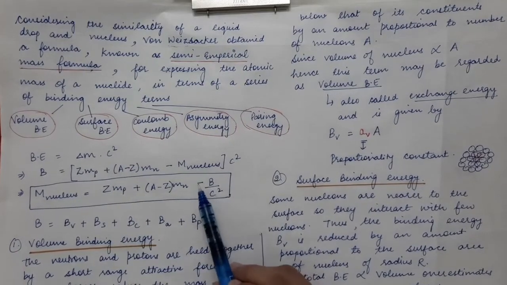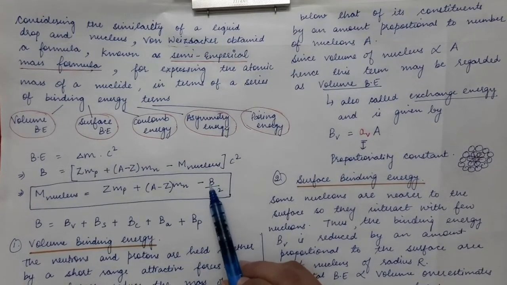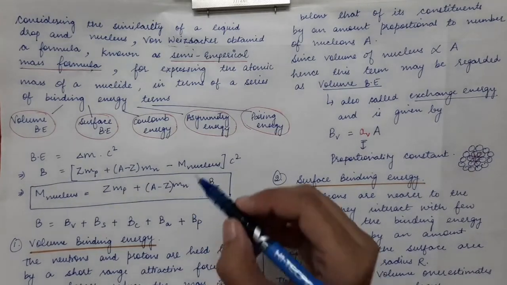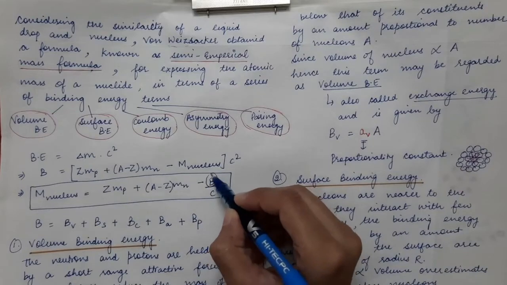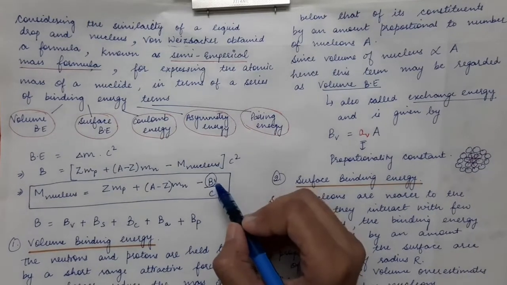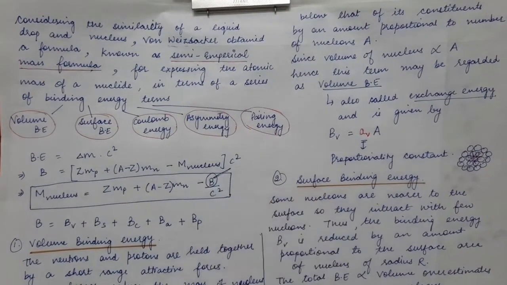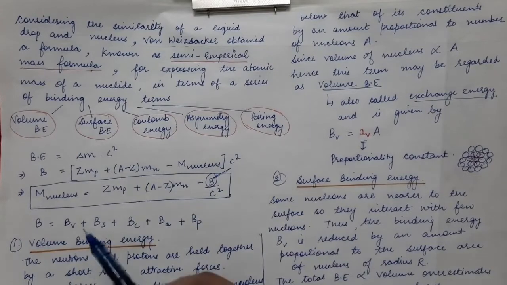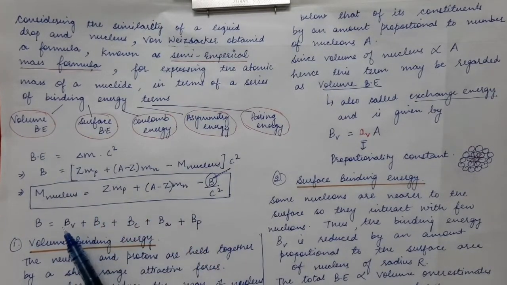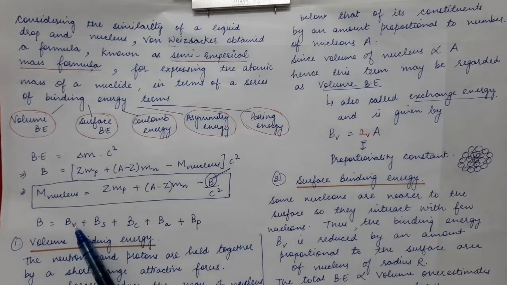So on the right hand side we will have minus B, where B is the binding energy of the nucleus, divided by c squared. Now this binding energy of the nucleus, the energy which is released during the formation of the whole nucleus, is contributed by various terms. First is the volume binding energy, which is given by Bv, where v represents volume.